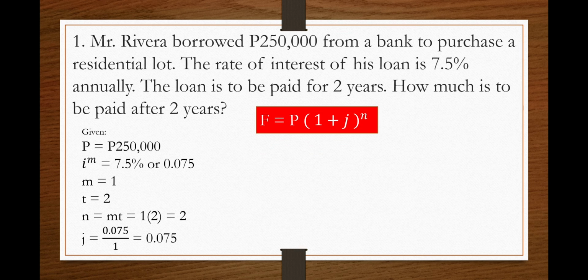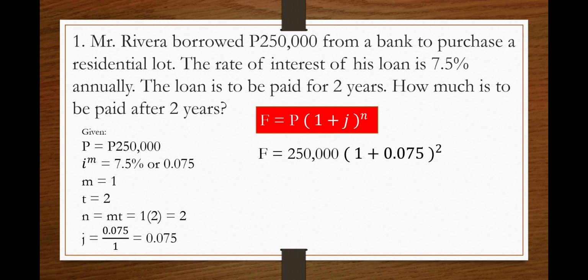And what we're going to find now is the future value, because what is asked in the problem is the amount after 2 years. And since the principal is given, we're going to use F is equal to P times quantity 1 plus j raised to n, wherein the principal given in the problem is 250,000 and the value of j is 0.075, raised to 2, that is the value of n.